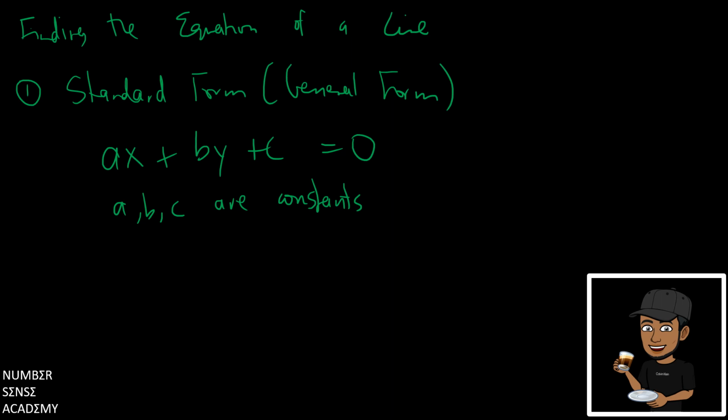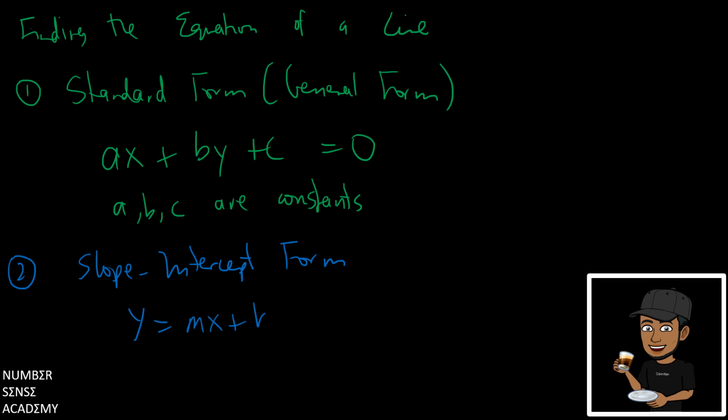The second thing that you got to be comfortable with is you must know the slope intercept form. All right, and remember that's y equals mx plus b. You need to know what b is and what m is.